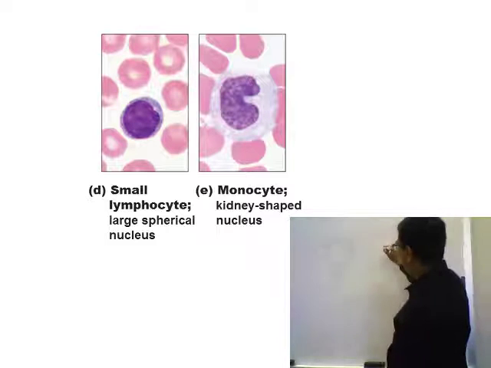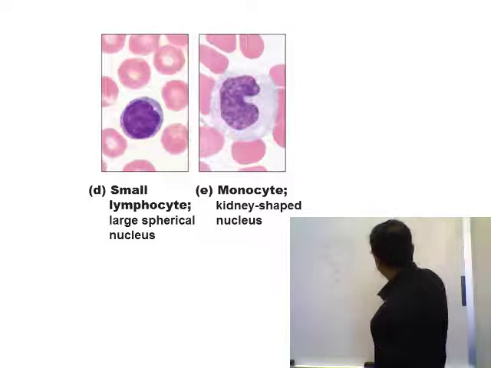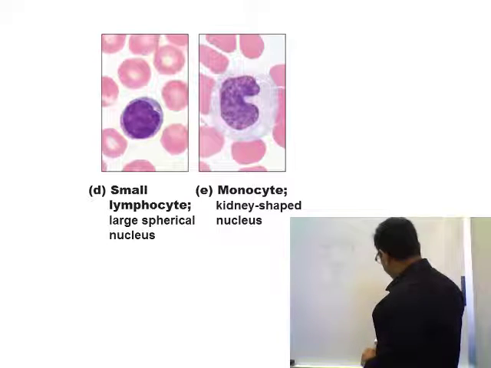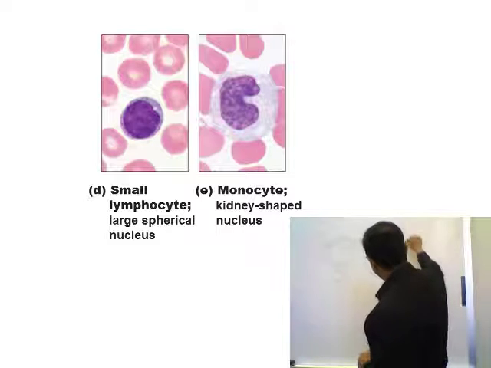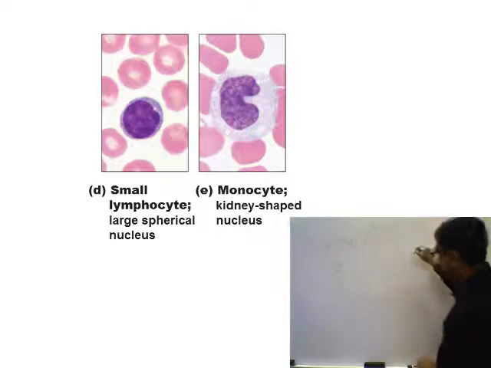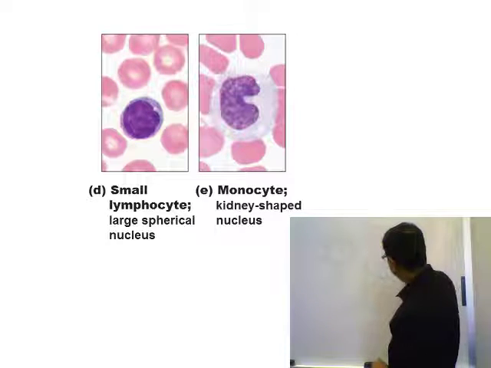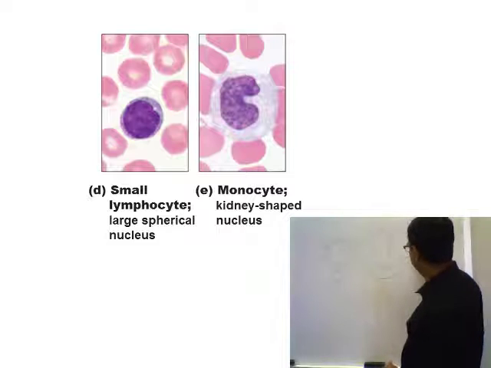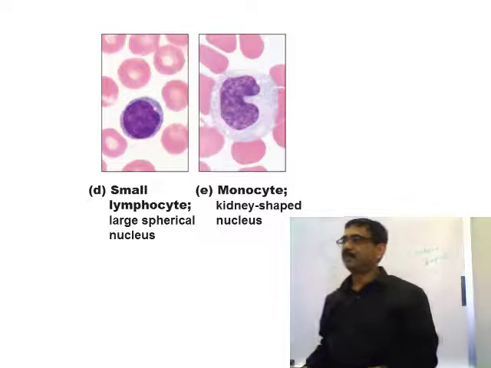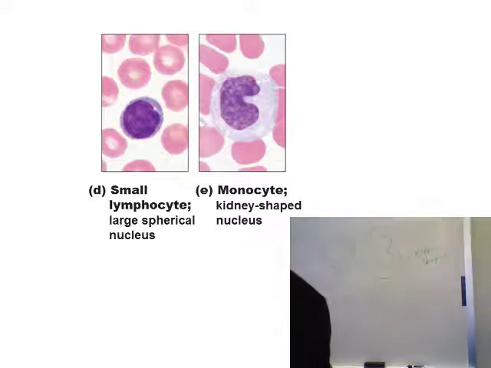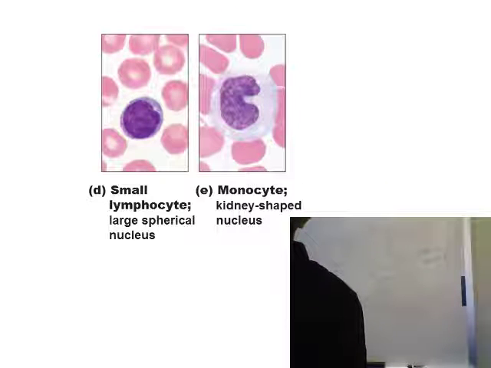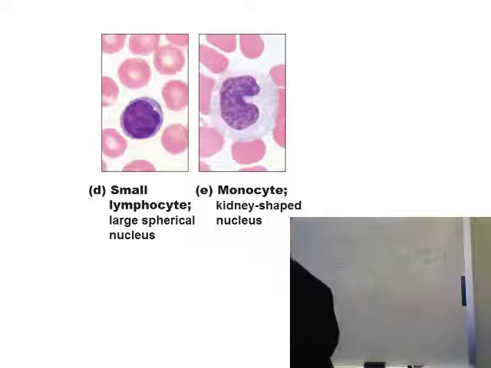And monocyte is the largest white blood cell, much bigger than other white blood cells. And if you see the nucleus is kidney shaped. Kidney shaped or bean shaped nucleus. Sometimes say horseshoe, but probably not all of you have seen horseshoe, so that's not a good description.